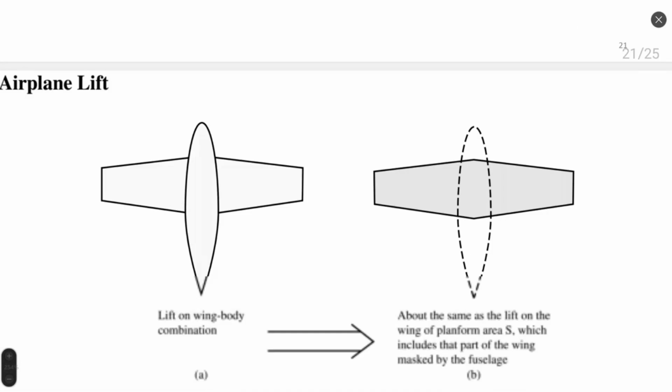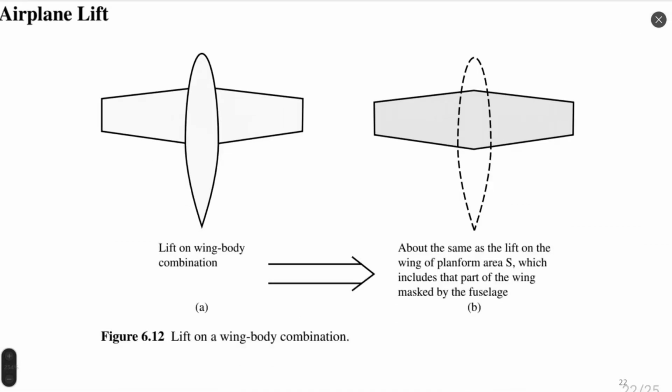Okay, please let me know if you have some questions on previous discussion, and you can write in the chat. Meanwhile, I can tell you about airplane lift and drag, a simple approach that can be used related to three-dimensional body.